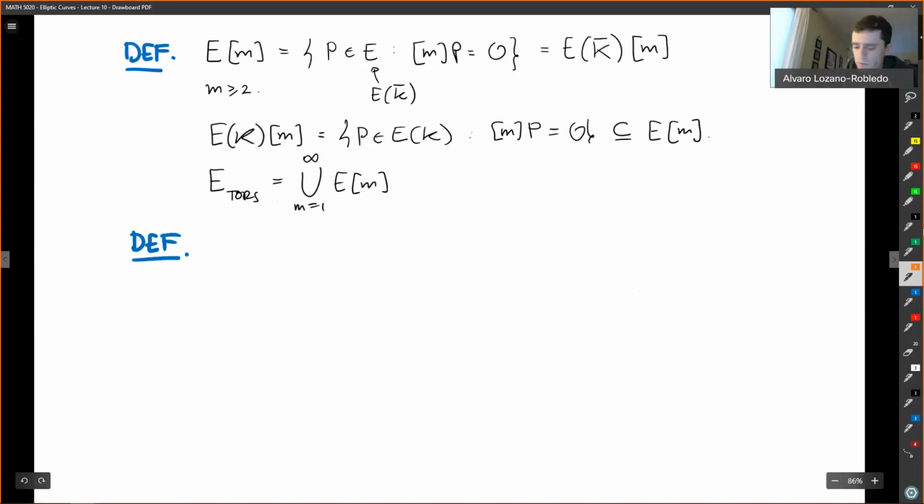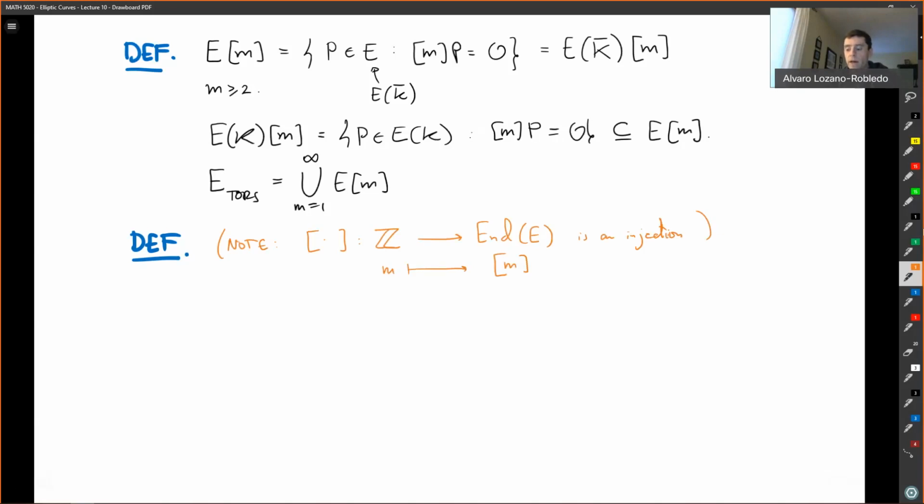First note that the map that sends each M to multiplication by M is an injection.